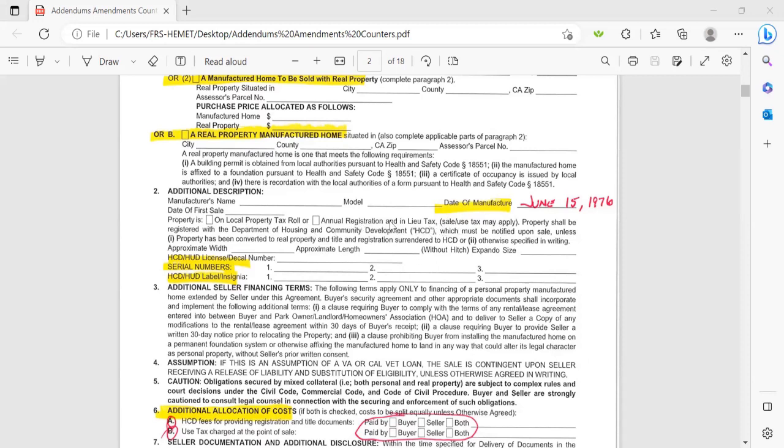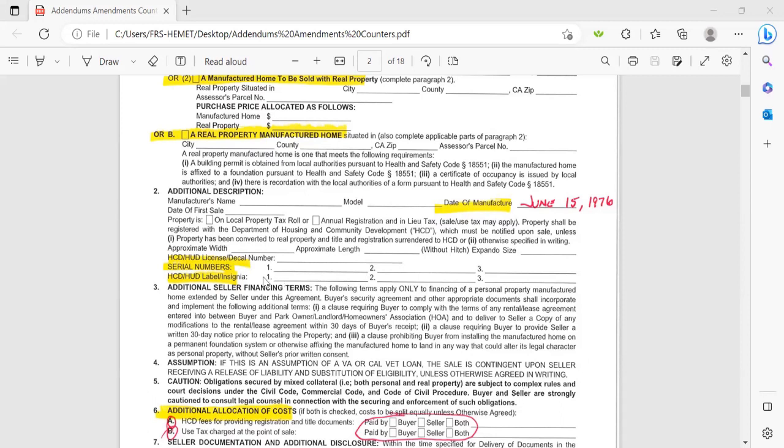So if they're paying an annual registration, and then they're paying property tax on the property alone, and they're paying, just like you do your cars, to the DMV on the manufactured home, then price-wise, some people come out better that way, and they've left it that way because of that. However, most of the time, people just like to have it all applied in one place and all done in one.